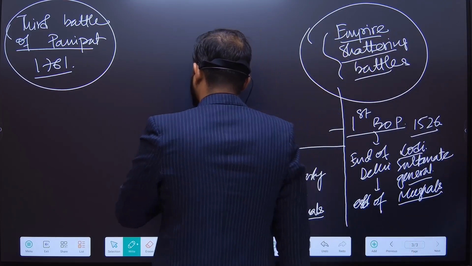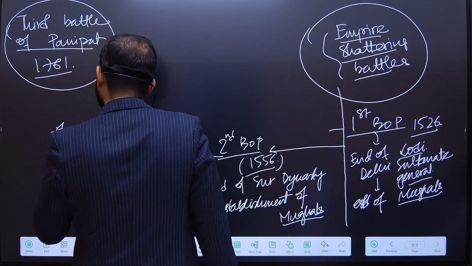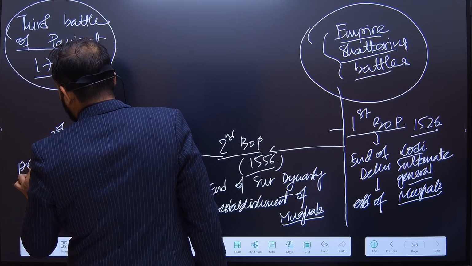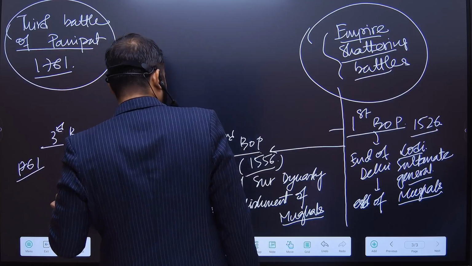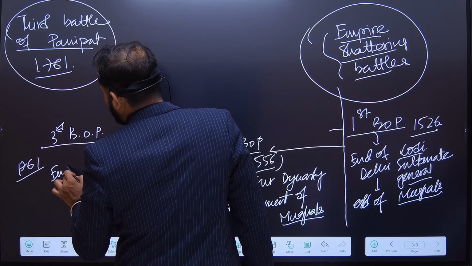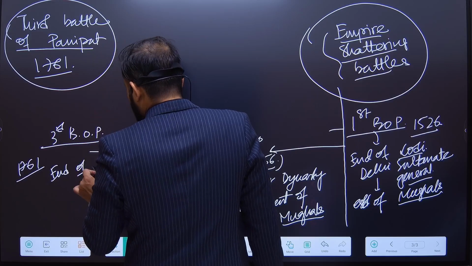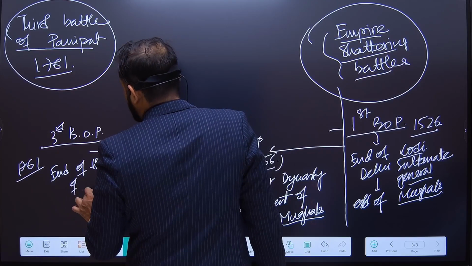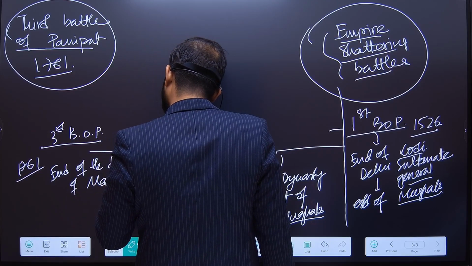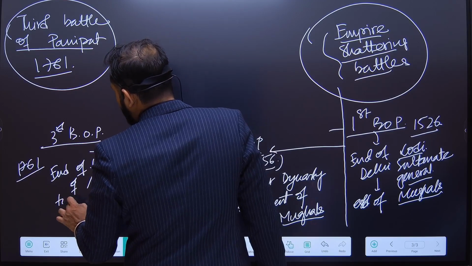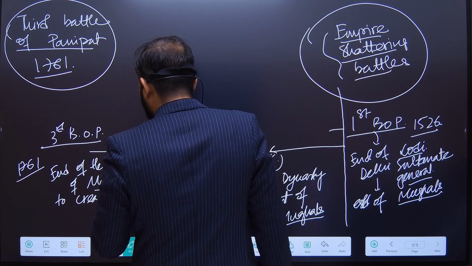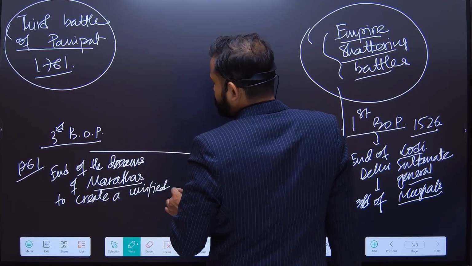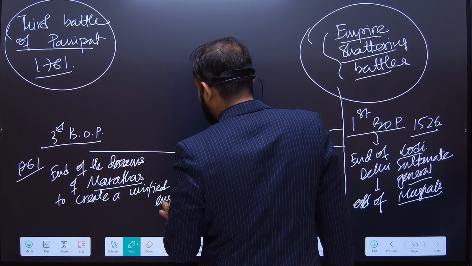Last, third battle of Panipat. 1761, that led to the end of the dreams of Marathas to create a unified empire.